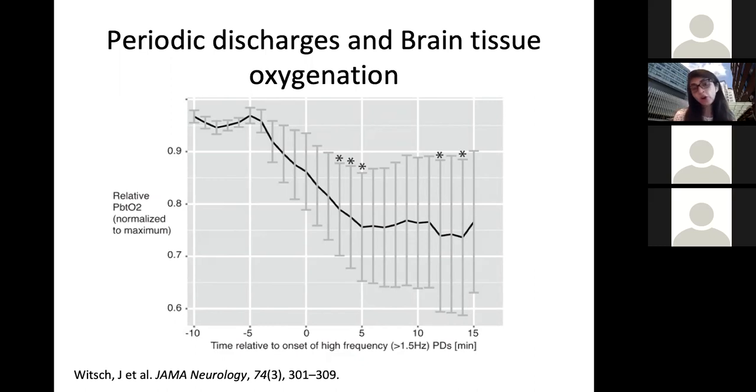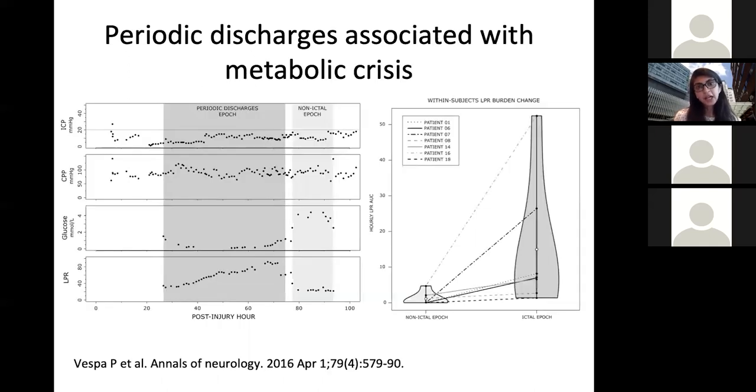Again, this is a small cohort study, so one cannot draw a causal inference, but at least there is an association that is evident with these patterns. In a similar vein, but in traumatic brain injury patients, this study looked at periodic patterns and brain metabolism as measured by brain glucose and the lactate pyruvate ratio.